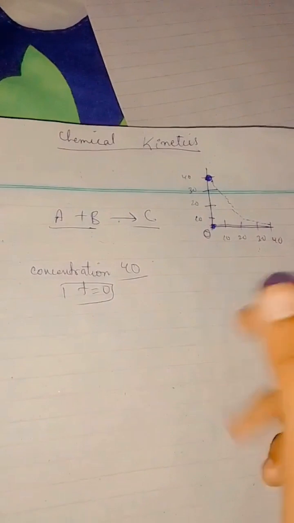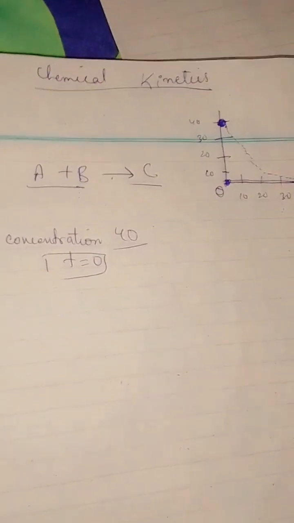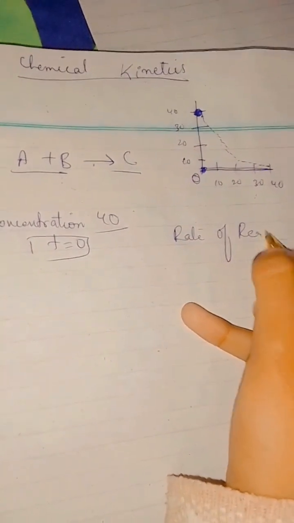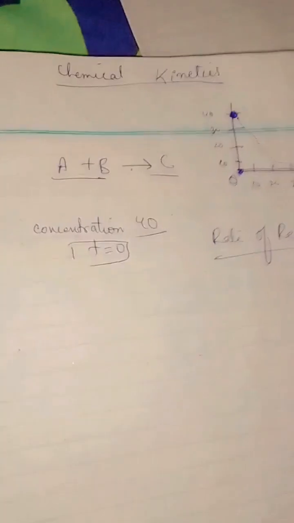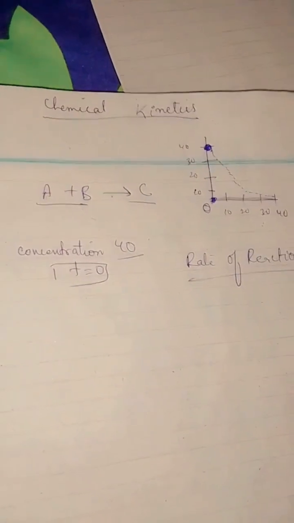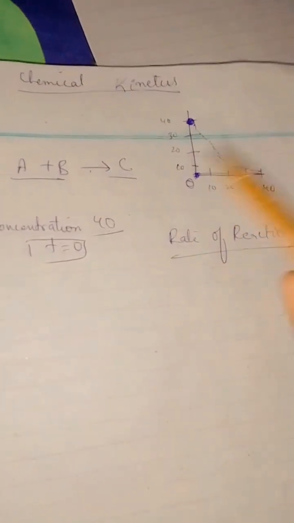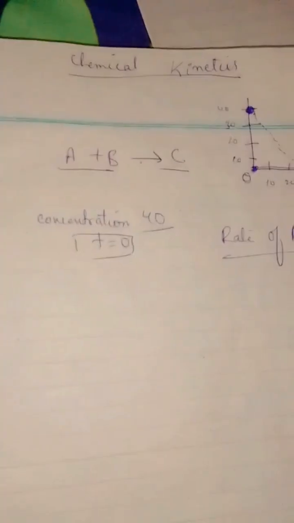So that is how we can show the rate of reaction with the help of a graph: the concentration is high and the time is 0, but as the concentration changes, the time increases.